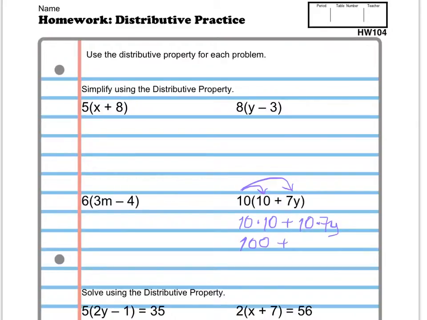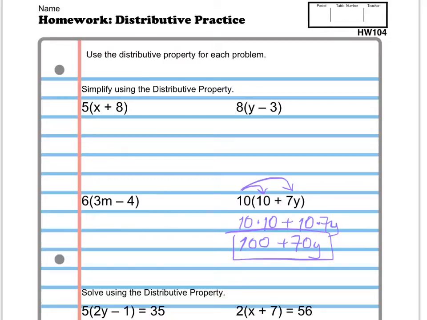Well, that's basically just 10 times 7 times y. Well, 10 times 7 is 70, and then I just leave the y there, so that's 70y. At this point there's nothing else I can do. That's my answer. It's simplified, ready to be boxed in to show that that's my final answer.